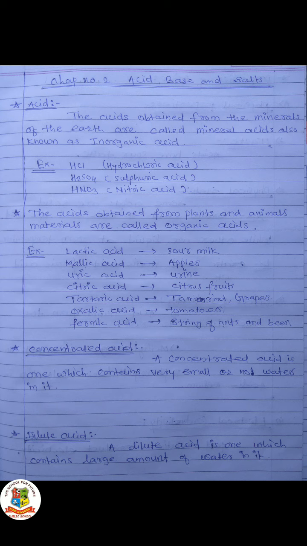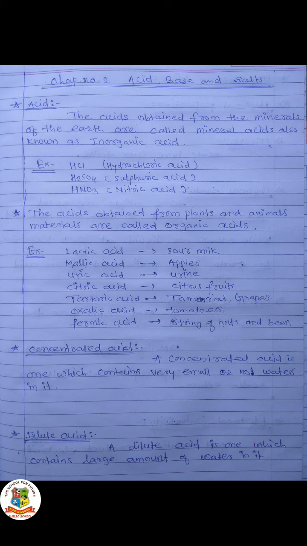Why are they called mineral acids? The reason is that these acids are obtained from the minerals of the earth. Due to this reason, these acids are known as mineral acids or inorganic acids.